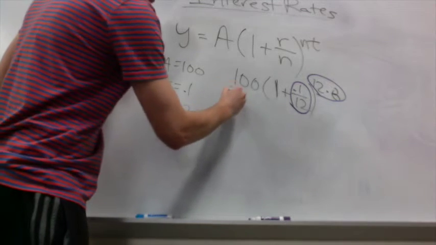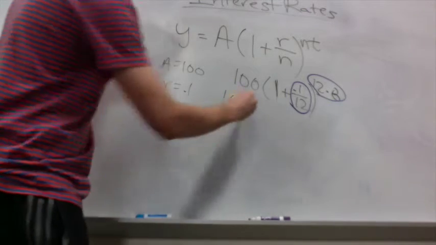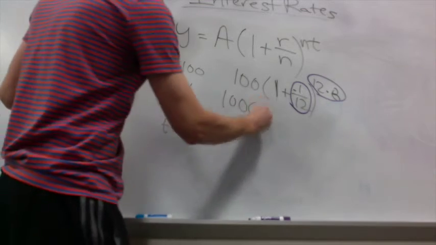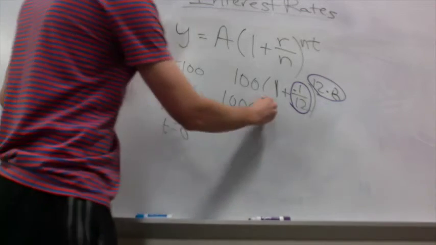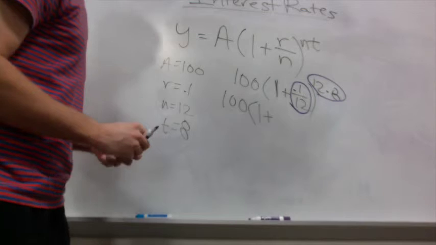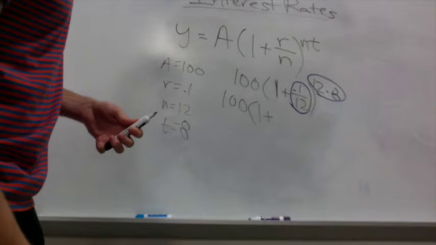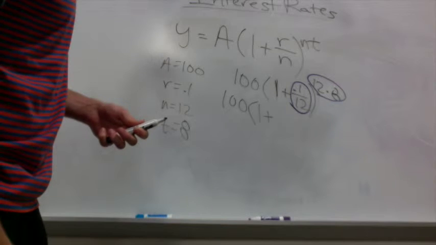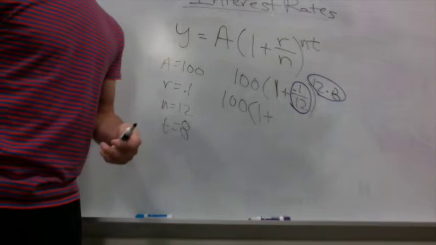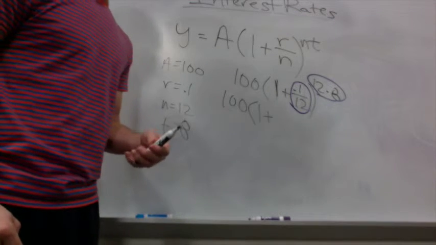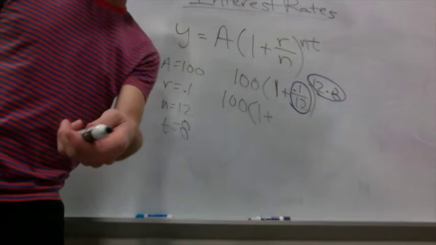So next line, 100 times 1. Let's see, did you get 0.1 divided by 12? I might actually have to find my calculator on this one. 0.1 divided by 12. I don't have it off the top of my head. Let's go grab a calculator. Grab yours while I grab mine.